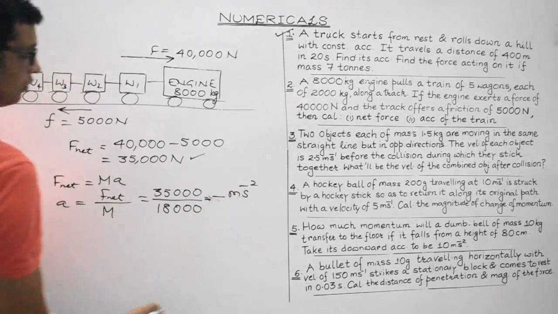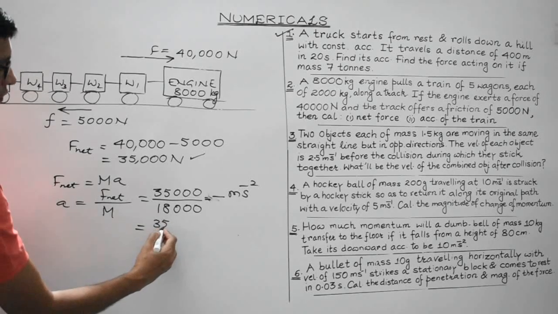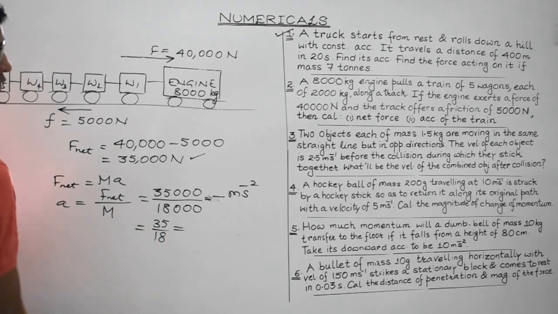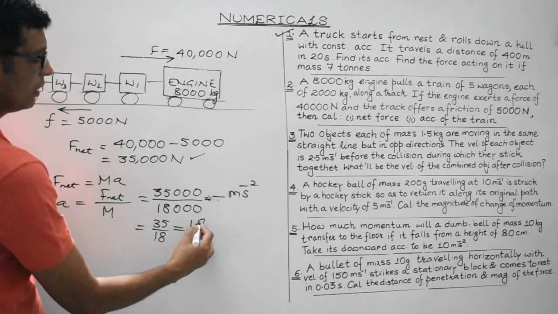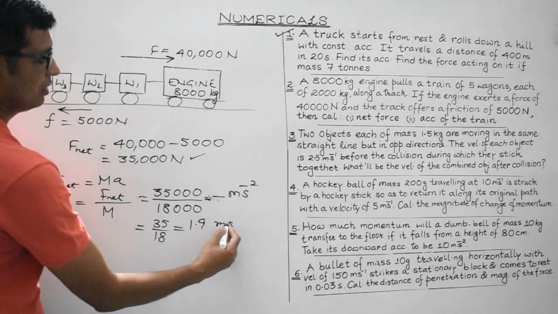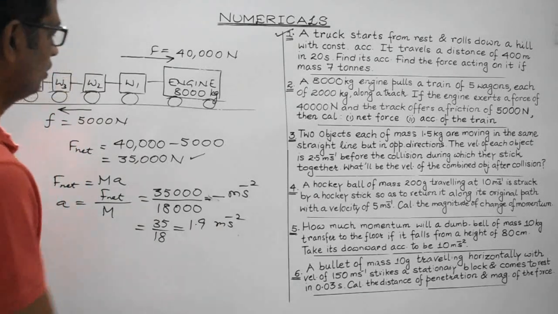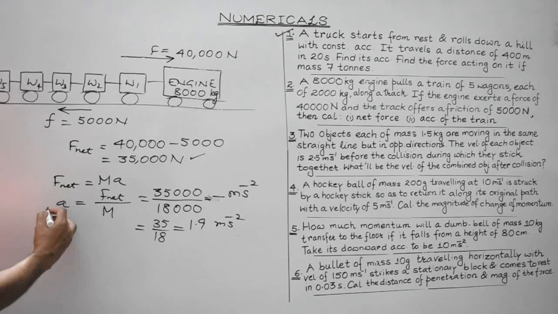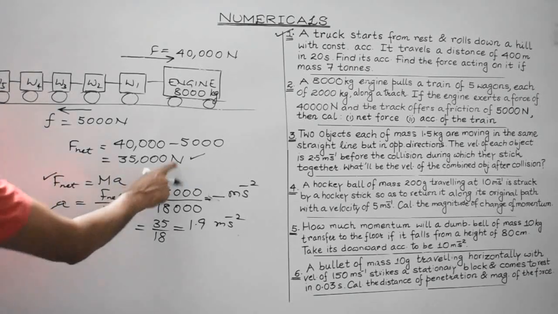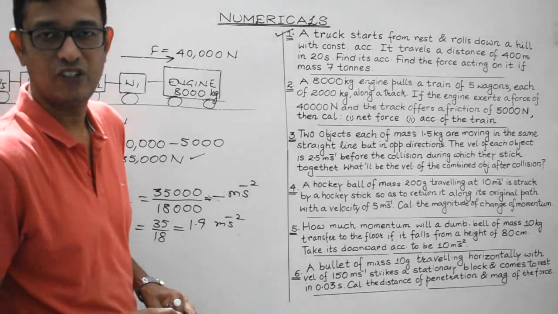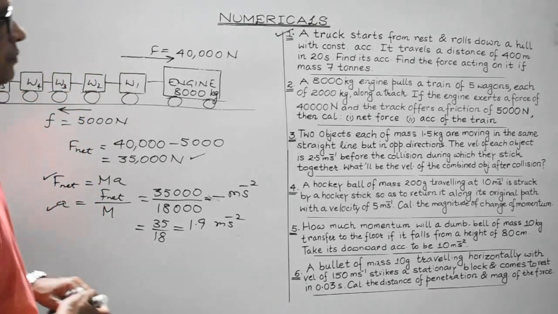So you can easily solve it. It will be equal to 35 by 18, which comes out to be about 1.9 something meter per second square. Is it clear, students? So that's the acceleration and this is the net force acting on the train. It was quite simple.